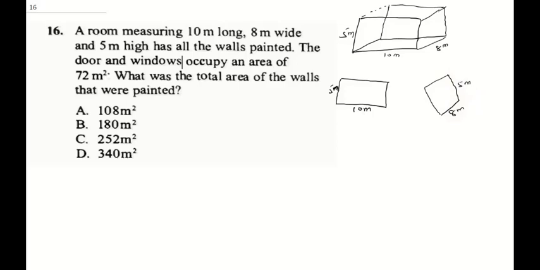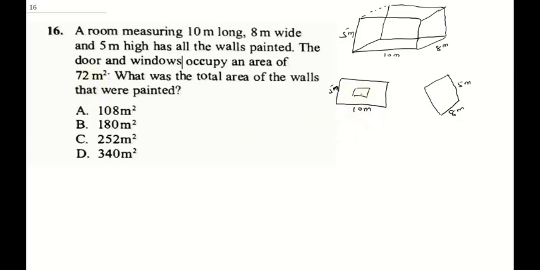Okay, so now, how do we get all the walls that were painted? Remember, they are going to paint all round. Now, recall that there are windows and doors. So the doors and the windows give an area of 72 meters square.